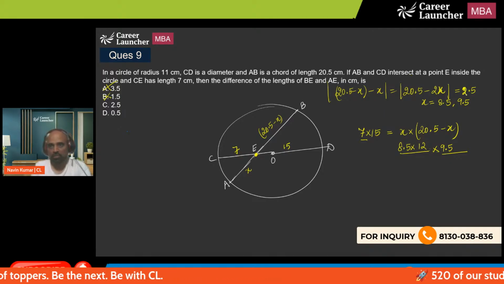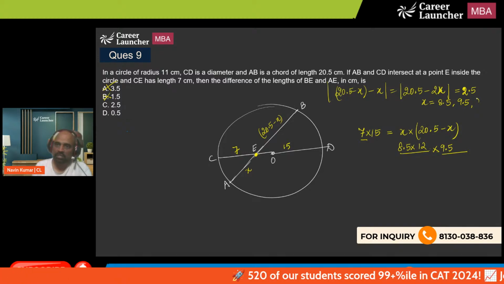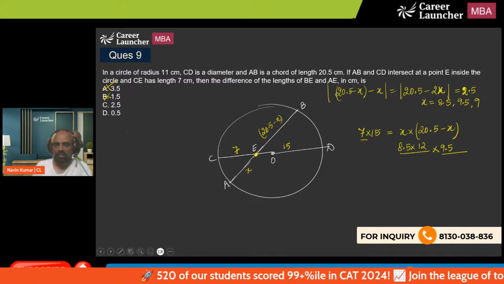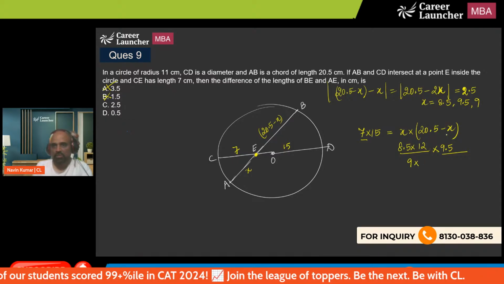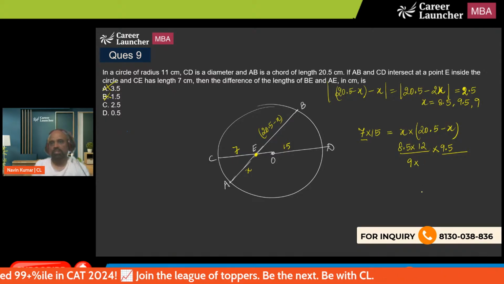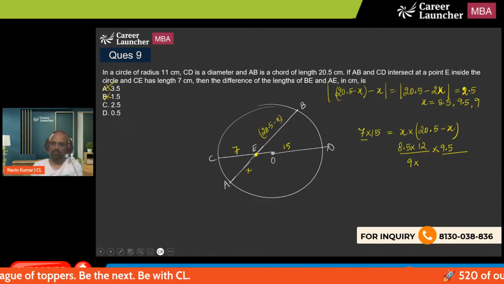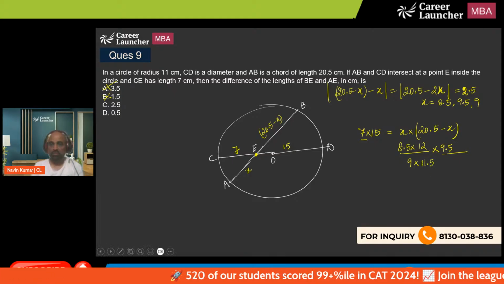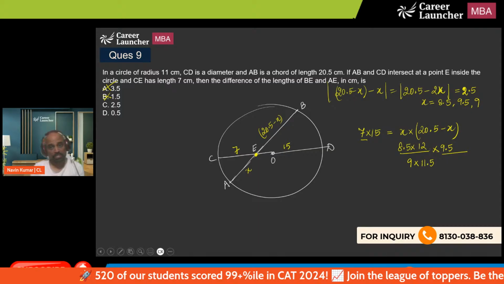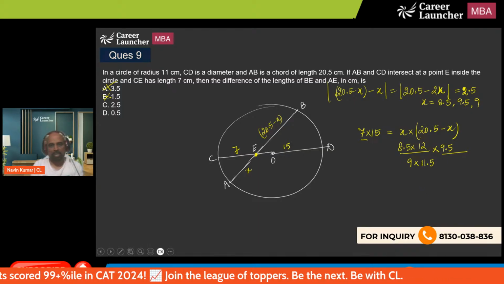Let's take 2.5. If I take this as 2.5, this is going to be 18. So X is going to be 9. If X is 9, this is going to be 20.5 minus 9, which is 11.5.